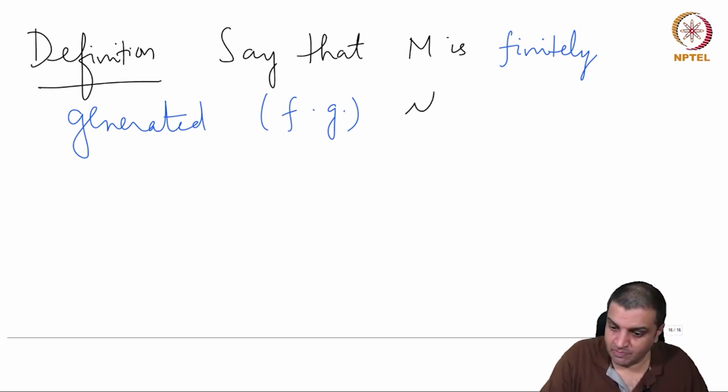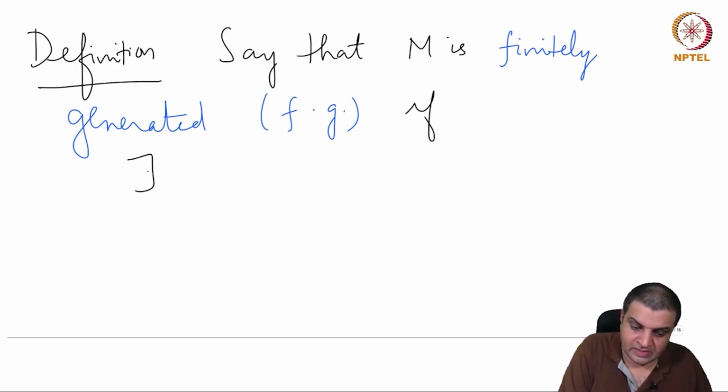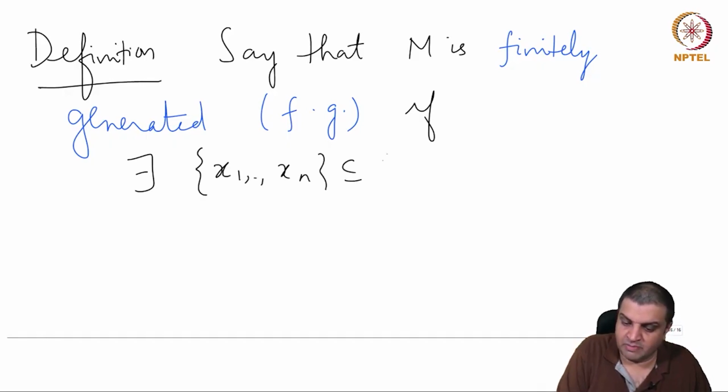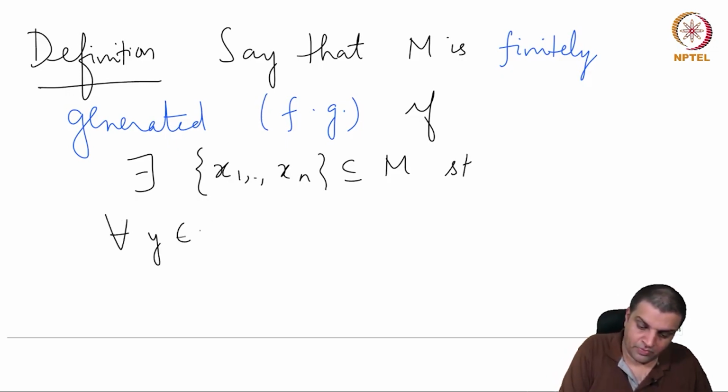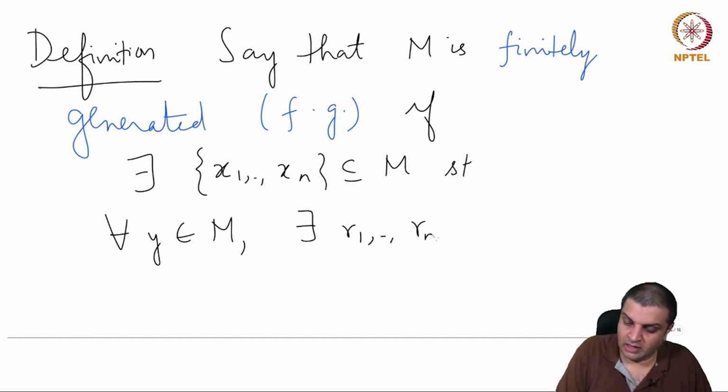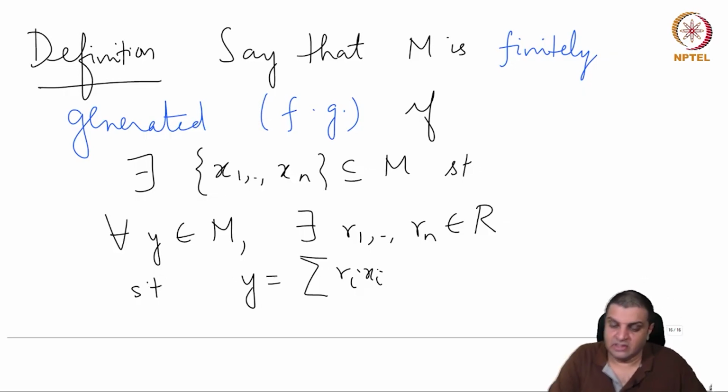If there exists some finite subset x1 through xn of M such that for every y in M, there exist r1 through rn in R such that y is the summation of ri xi. Such a thing is called a generating set, and we are saying that there is a finite generating set. So then we say M is finitely generated.